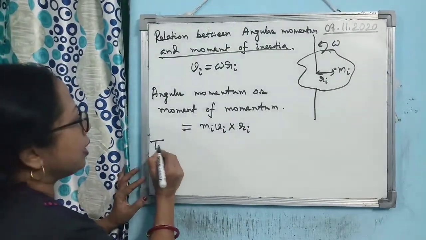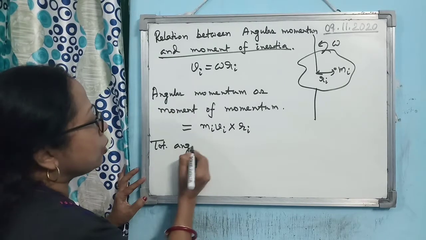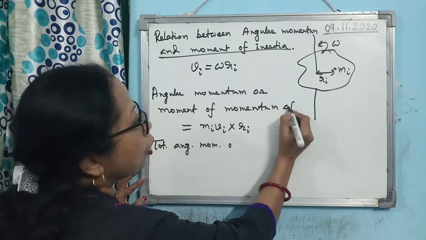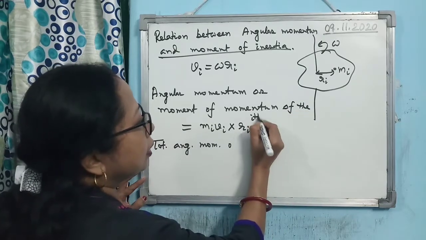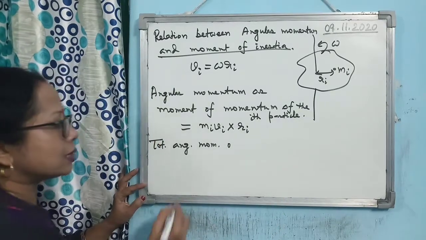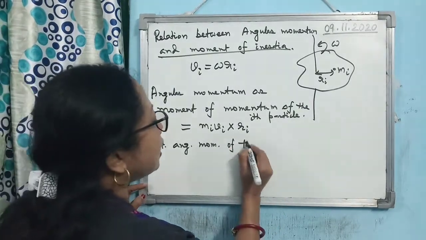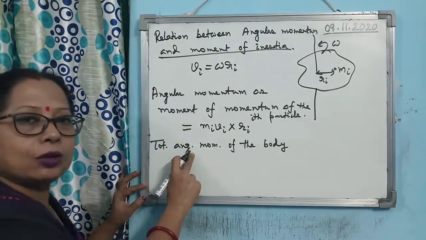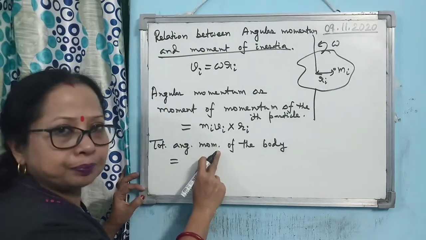So what will be the total angular momentum of the body? This is the angular momentum of the ith particle, which may be any one: 1, 2, 3, as I said. So what will be the total angular momentum of the body? I have written the short form L for angular momentum.